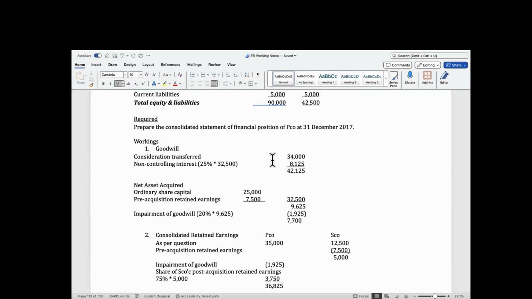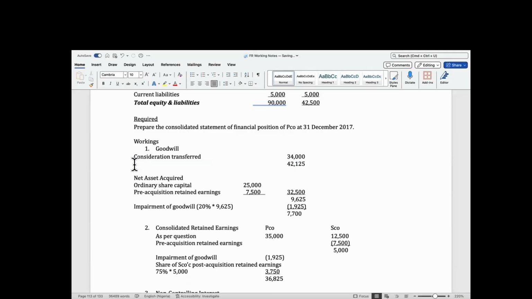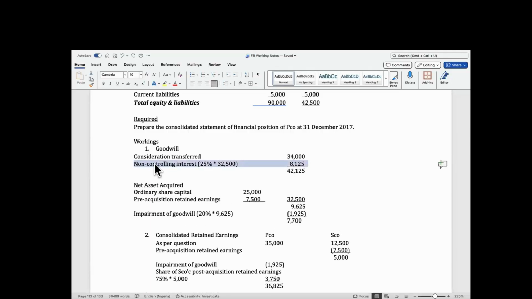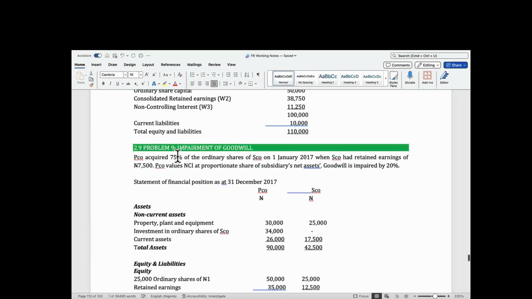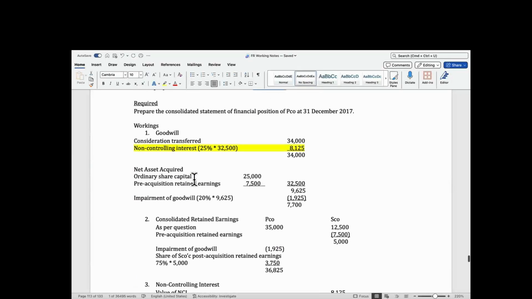Okay, you know what? Let's assume this was not there. I mean, this parent's value. Let me paint it red. Let's assume it's not there. That means this is just at 34,000. So if you want to cancel out this 34,000 against the net assets, this 34,000 represents how many percent? 75%.